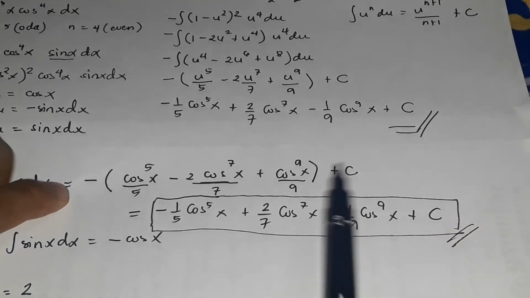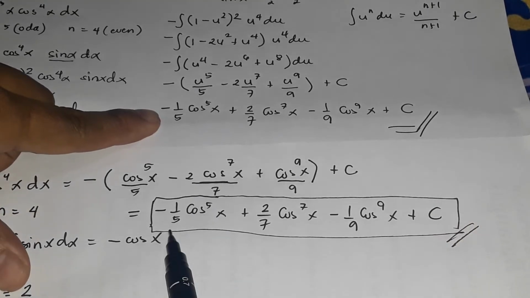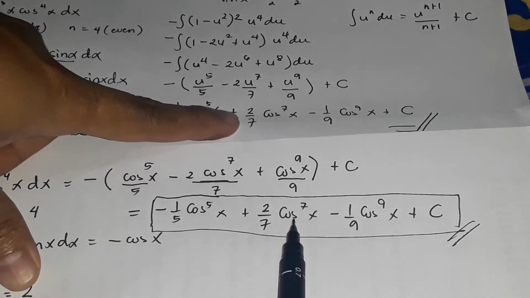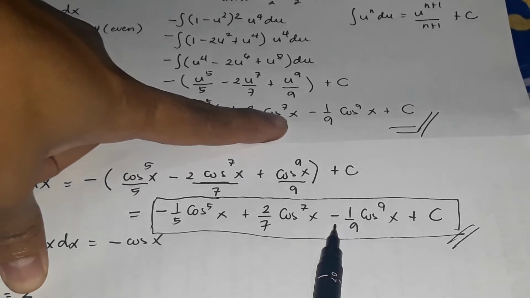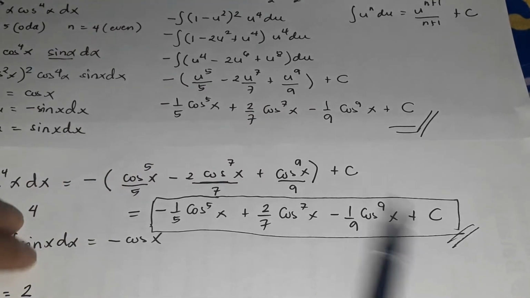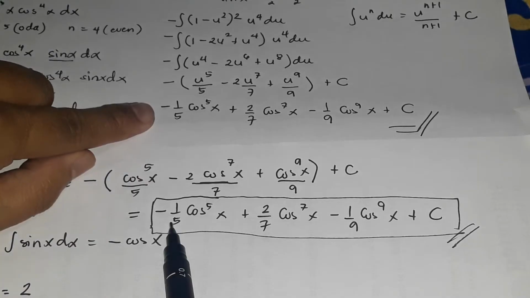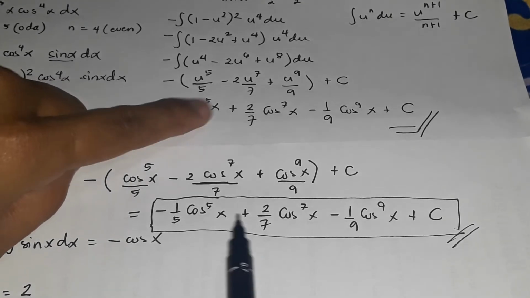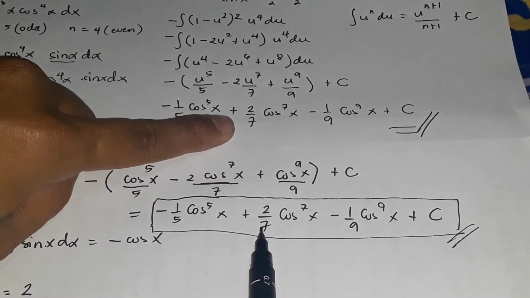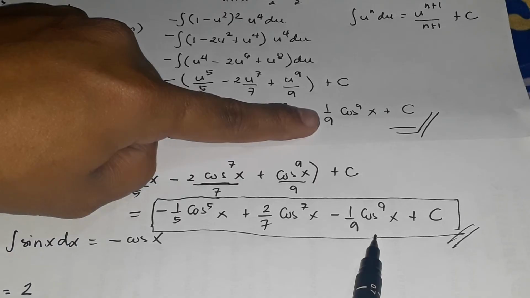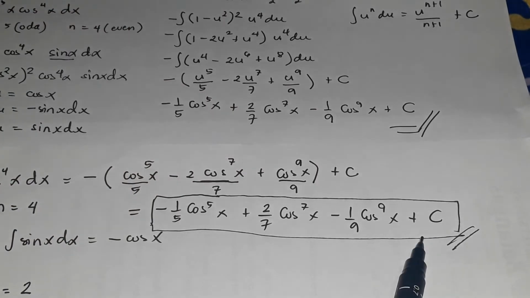Okay, so we compare negative 1 over 5 cosine raised to 5x plus 2 over 7 cosine raised to 7x minus 1 over 9 cosine to the 9 of x plus c. Once more, negative 1 over 5 cosine raised to 5x, that's similar, plus 2 over 7 cosine raised to 7x minus 1 over 9 cosine raised to 9 of x plus c.